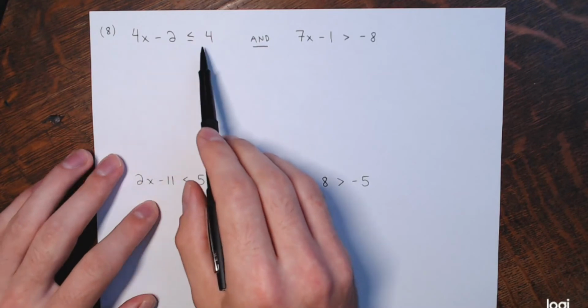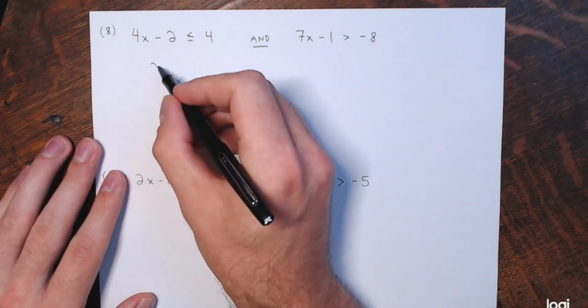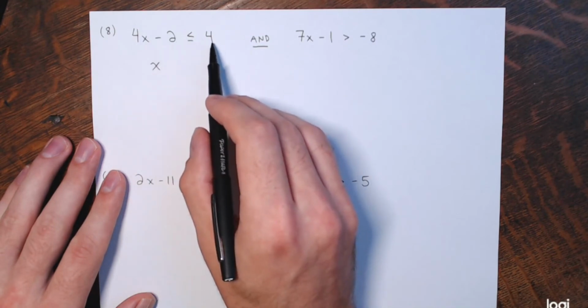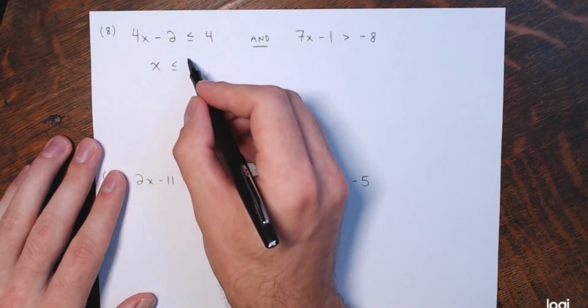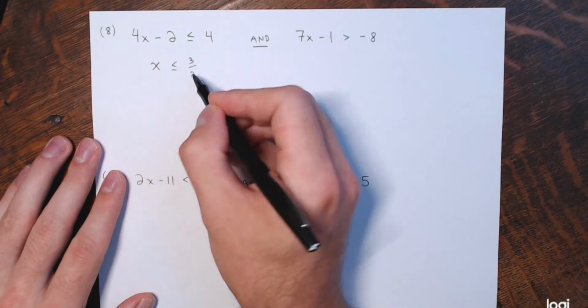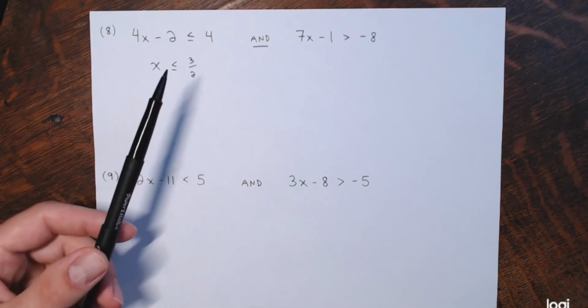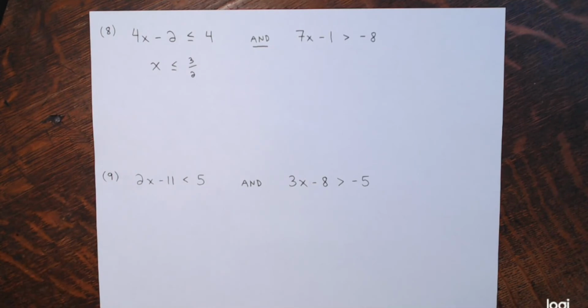This first inequality, 4x minus 2 is less than or equal to 4. I would first add 2 to get 6, and then divide by 4 to get 6/4, which reduces to 3/2, or 1.5. And again, the inequality wouldn't have changed because I never would have divided by a negative number, right?